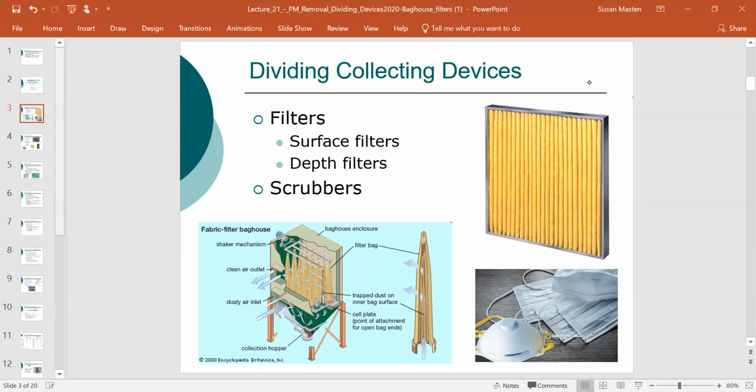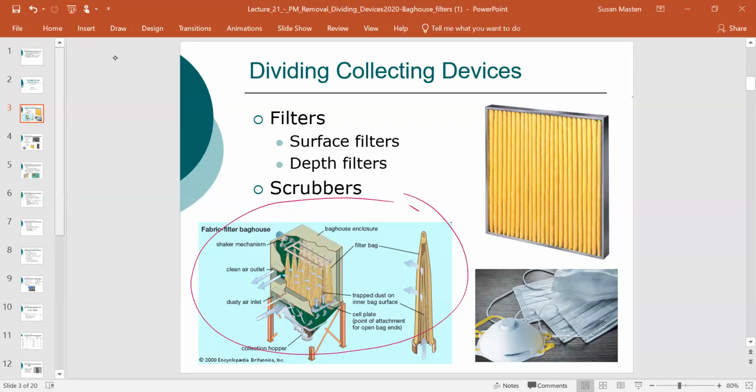We'll really focus predominantly on what are referred to as baghouse filters. This is really what we'll focus on, although recognizing that essentially the same process is what's used in a number of types of surface filters.